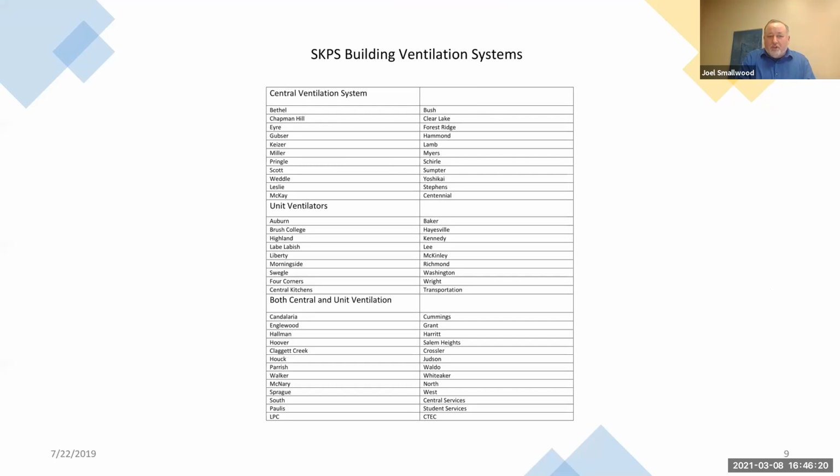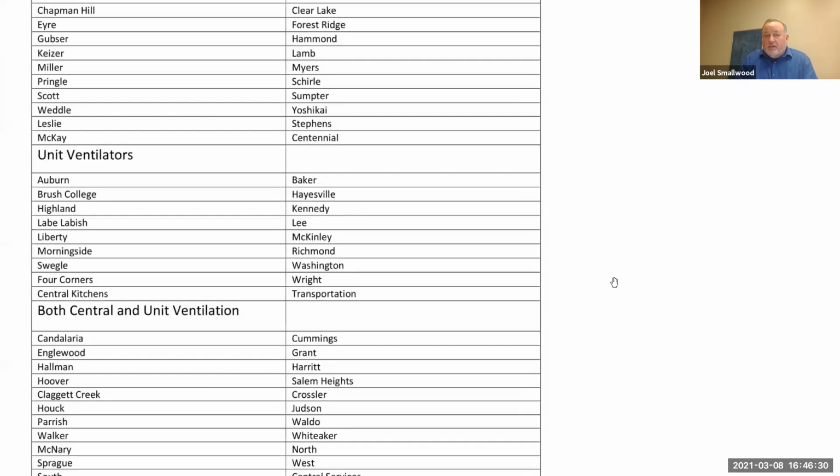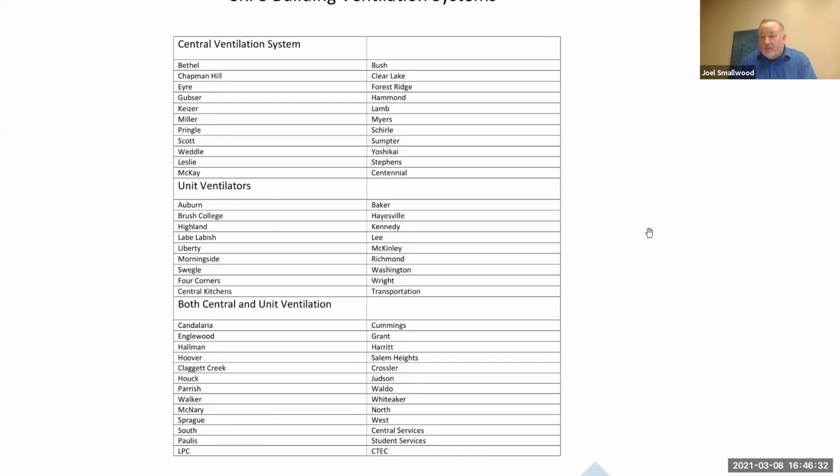It's probably pretty small to see, but hopefully you can find yourself on here somewhere. Like I said, we really broke it down into three different types of buildings. We have the central ventilation systems, which are buildings that are 100% or nearly 100% central systems. We'll talk about what that means in a few minutes. Then there's a group of buildings that rely on unit ventilators or versions of what we would call a unit ventilator.